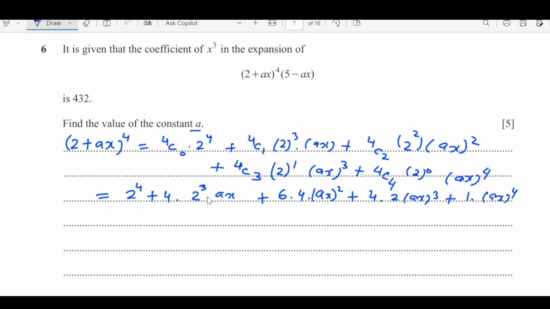Now we can write it down: 2 power 4 is 16, plus 4 times 8 is 32ax, then 24a squared x squared, plus 8a cubed x cubed, plus a power 4 x power 4. So, this is the expansion of this first term.